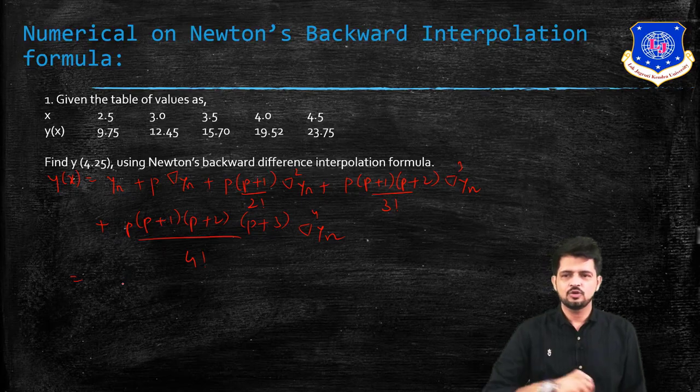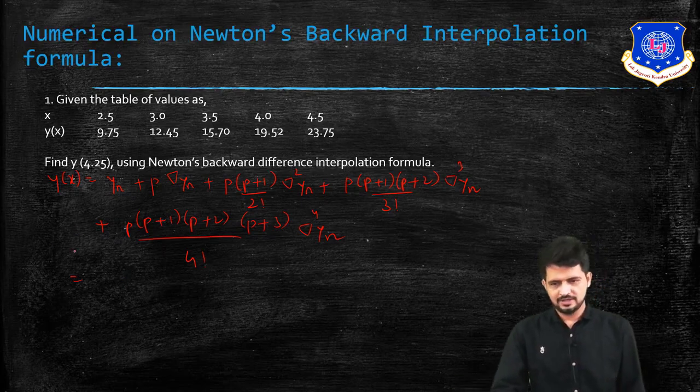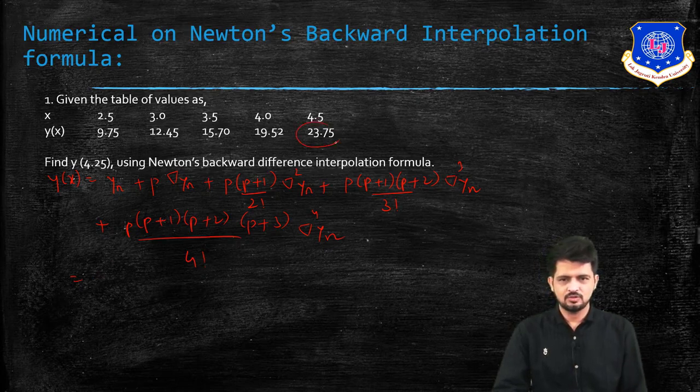Okay, then we have to place all of these values. What is my value of yn? Yn is my last value, so it is 23.75. Then p, what is our p? Minus 0.5. So minus 0.5 into nabla yn. What is our nabla yn? 4.23. These are the values of the table.